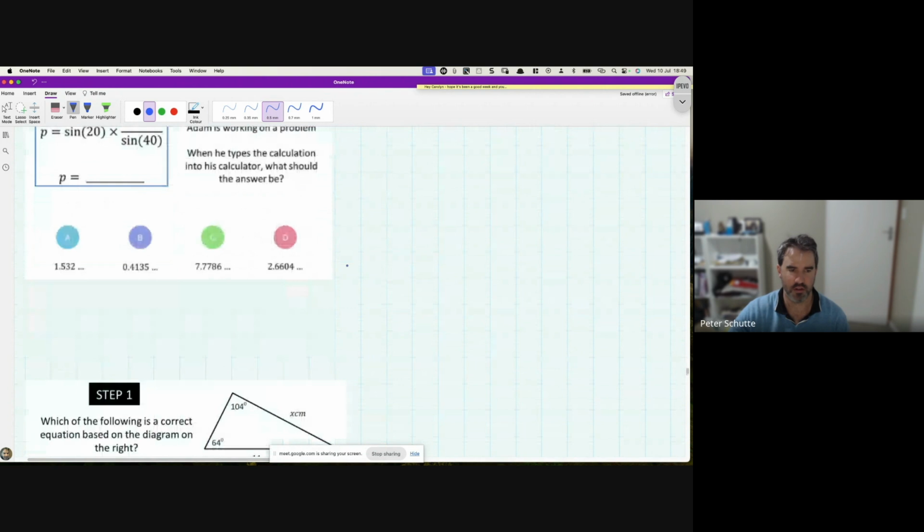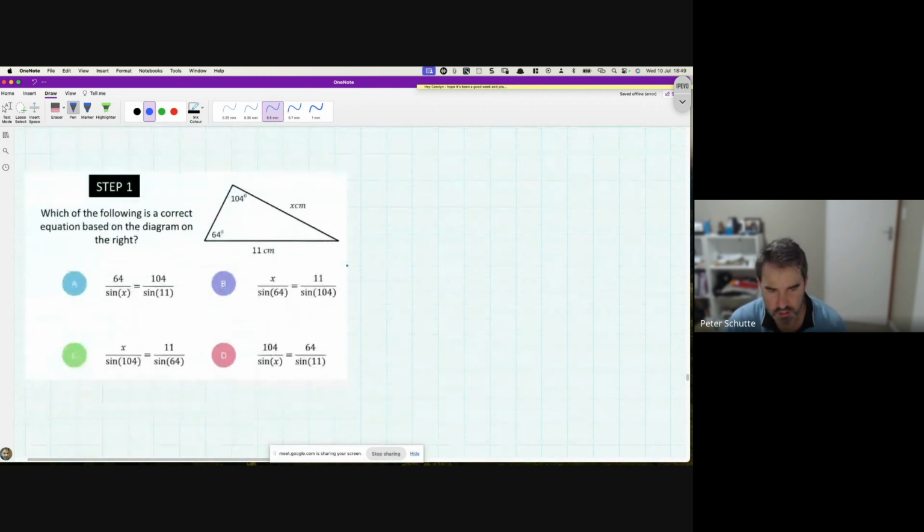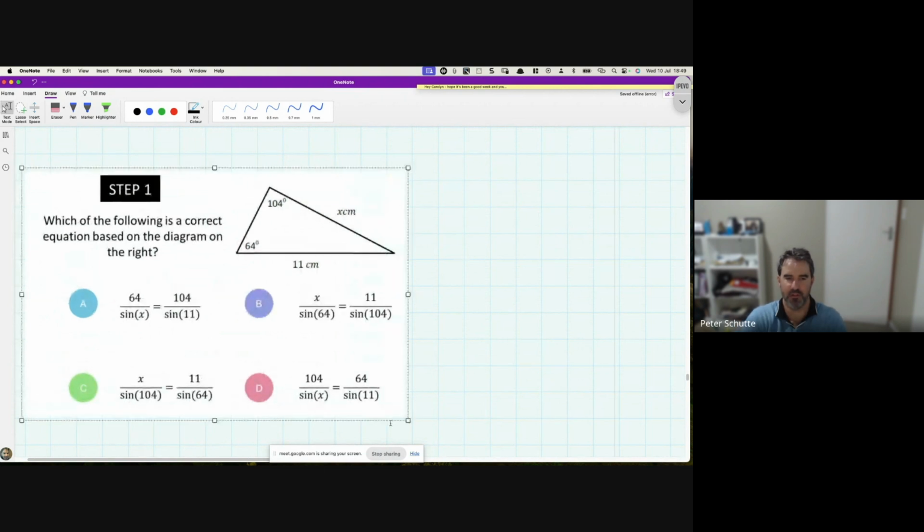So let's have a look here. Okay, I want you to identify which of these four options is correct for the question if you're using the sine law.